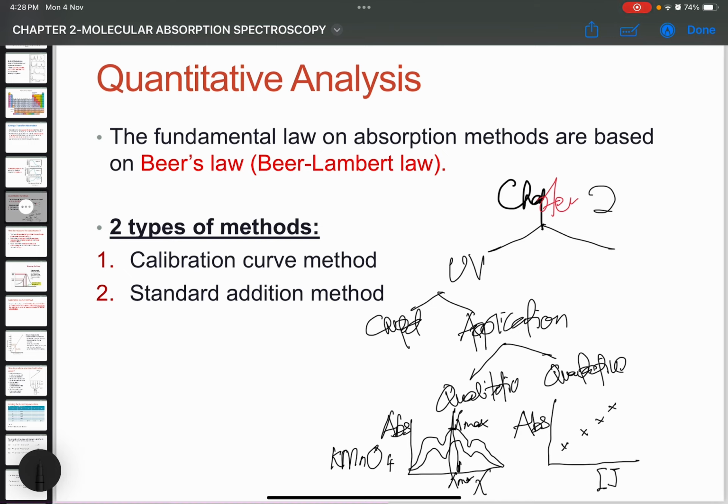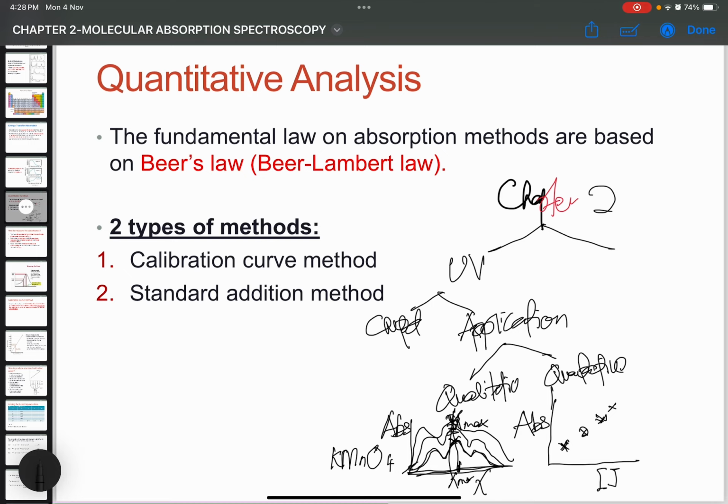Because now we change the concentration, while doing qualitative we don't change the concentration. We just scan by changing the wavelength, so we get a spectrum. But for this we get the absorbance at each peak. For example, this one represents this, and number 2 represents this. If we have a higher concentration, the shape will be the same, cuma absorbance will be higher.